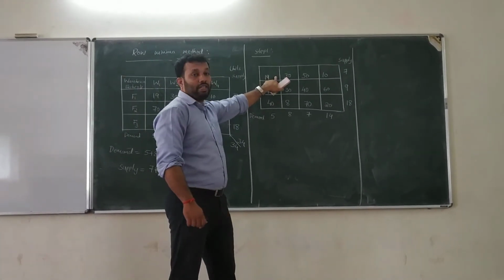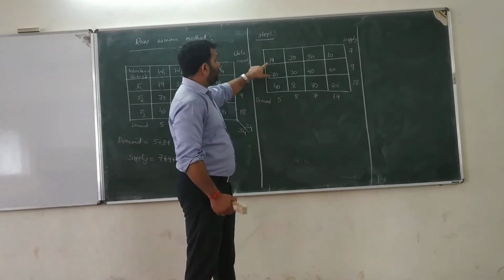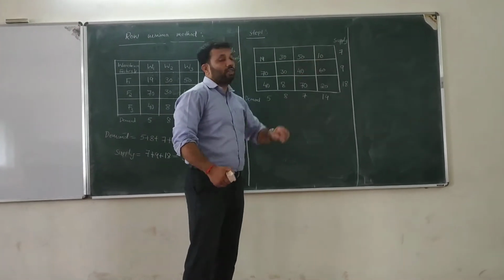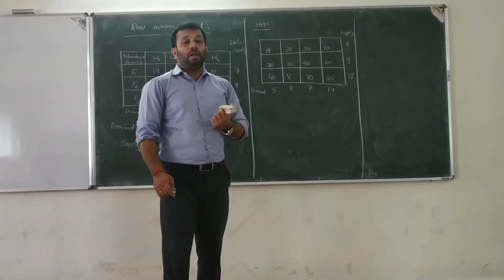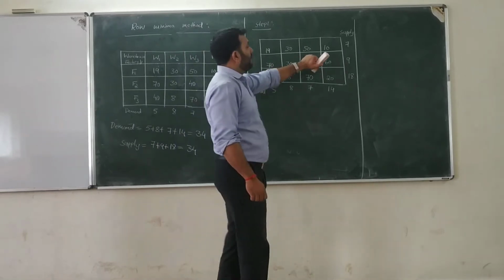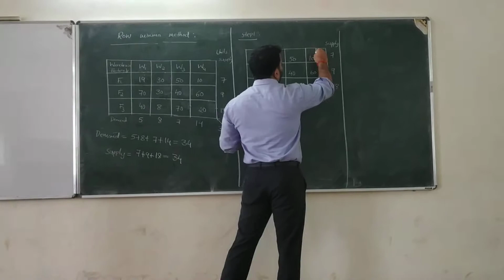I am selecting the first row. The costs are 90, 30, 50 and 10. Whichever is minimum, we allocate to that position. Here the minimum is 10.